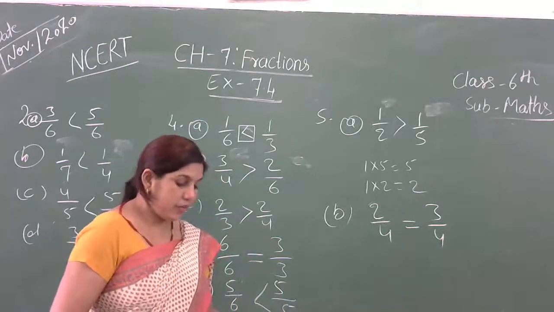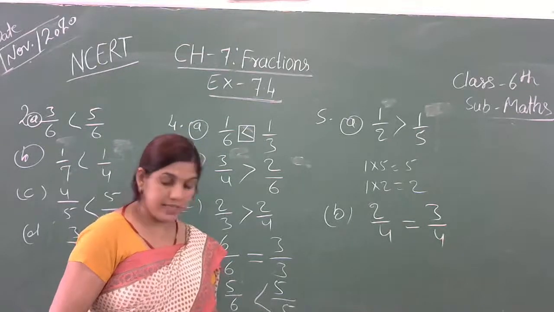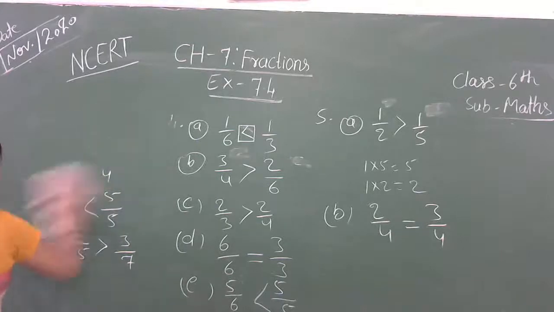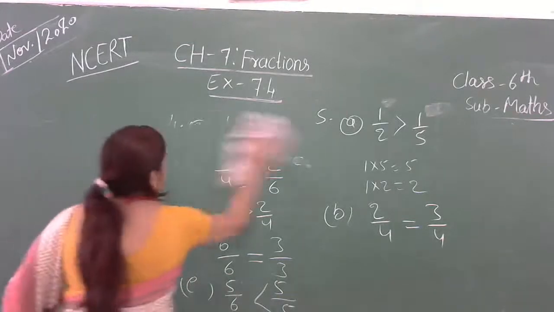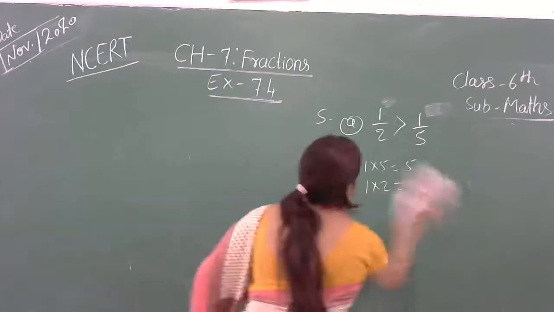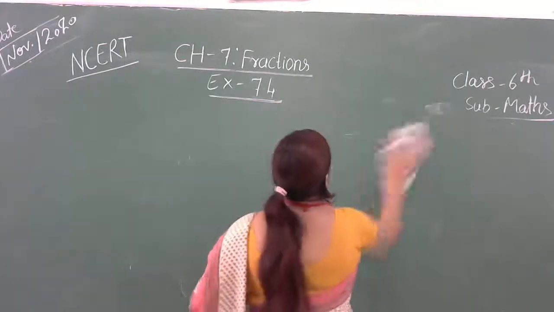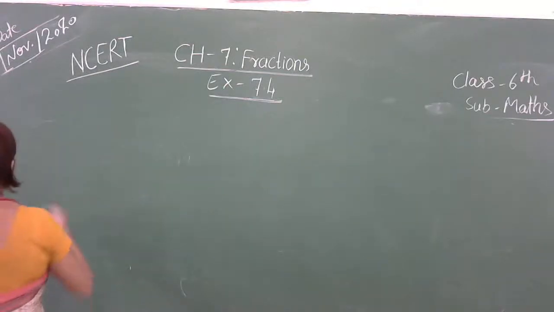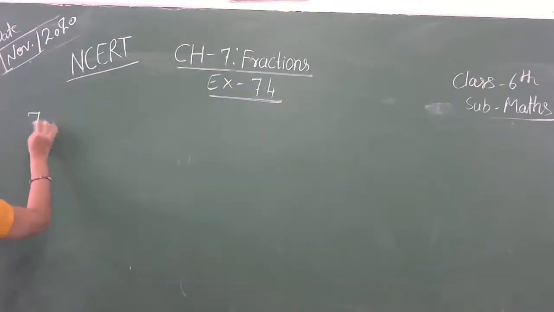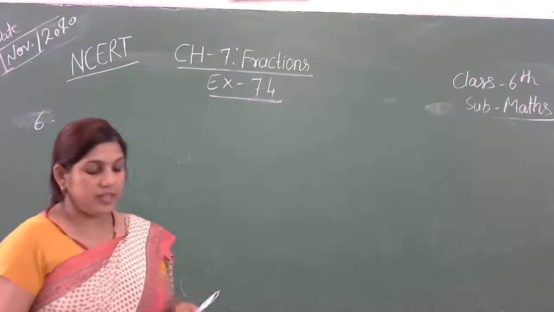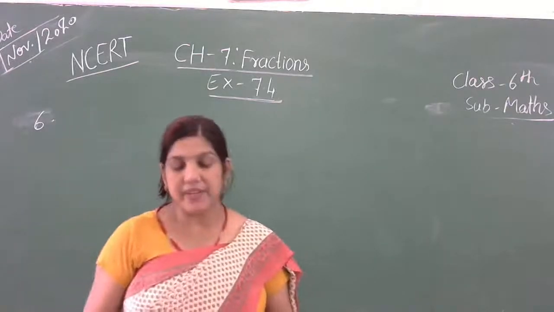Now moving on, question number 6. Question number 6 says: the following fractions represent just 3 different numbers.